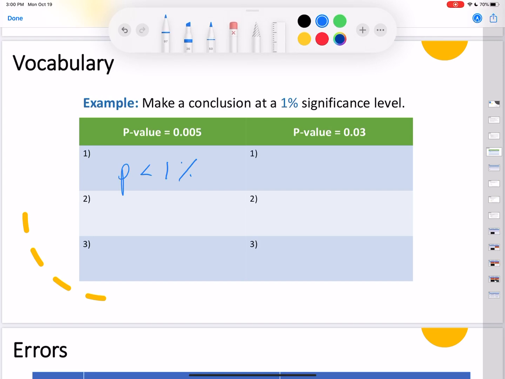This means that random chance is not a plausible explanation. Therefore, we reject the null and have evidence of the alternative.